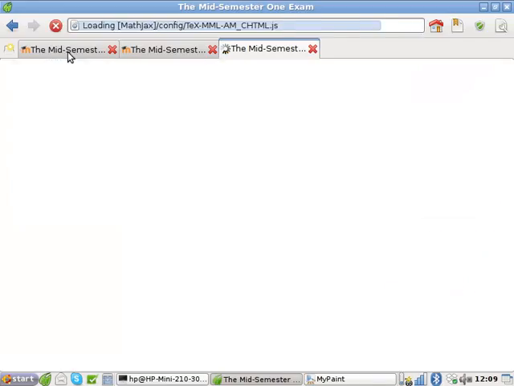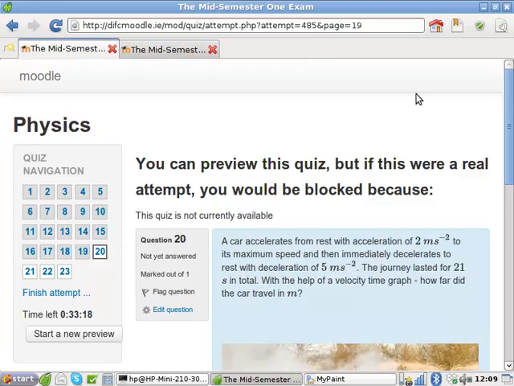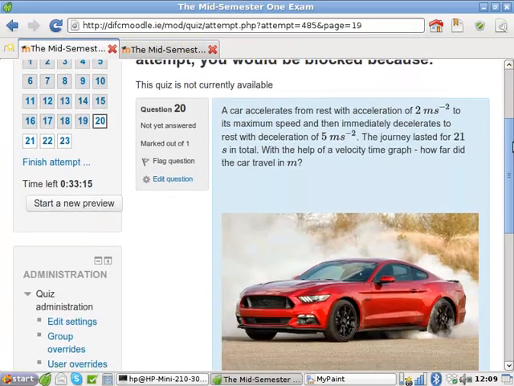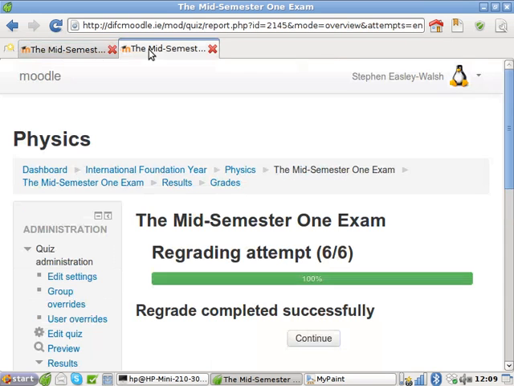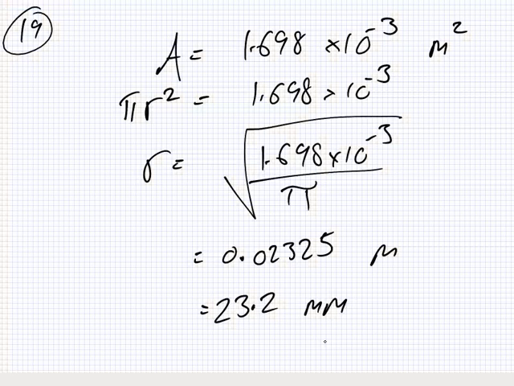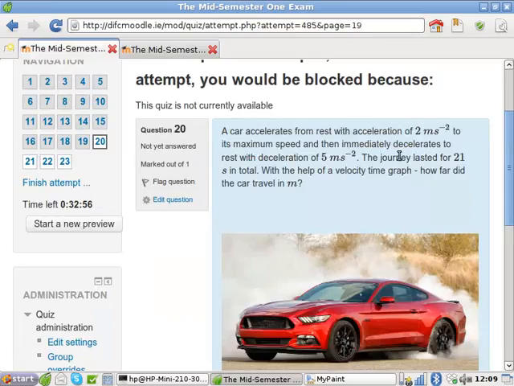Right, what's our next one here? Okay. So this one here, the car accelerates with 2 and decelerates with 5.